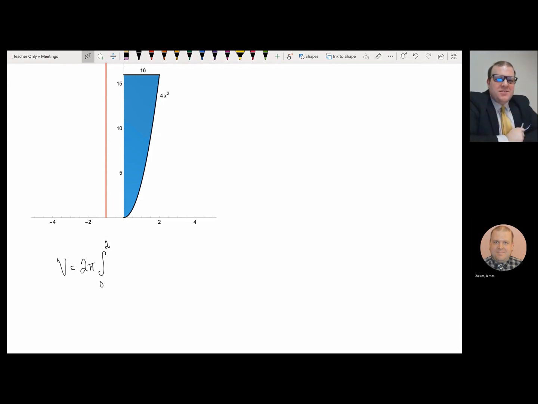What is it? 3 minus x? I know where you're getting the 3 from. You have the right idea, but you're executing it incorrectly. It's x plus 1, because the only distance you want is from the axis of revolution to the y-axis. Right, because y-axis to a point in the region is x. So you just have that additional distance of 1 to handle.